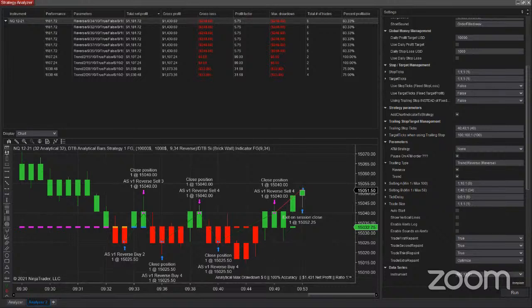I mean, did you run the optimization on the micro also? Yes. Okay, good. So that's a very important thing to do as well, is always make sure that you are running the optimization on both, because even though it's still the NQ, the price action is very different on the micro compared to the mini. So you still need to run that optimization in sequence there.